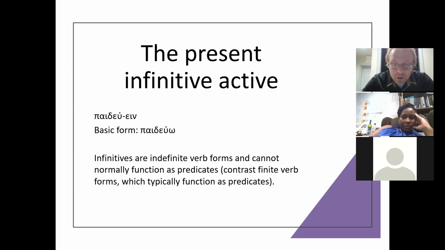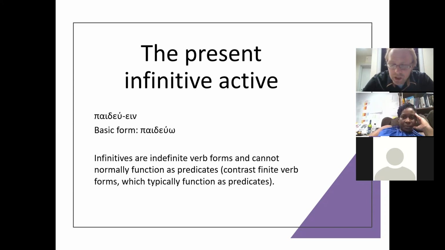In most modern European languages, the present active infinitive represents the basic form of the verb. But in classical Greek, the basic form is usually given as the active indicative present, that is paideuo. And this is also the form that you find when you look up the word in the dictionary, usually.